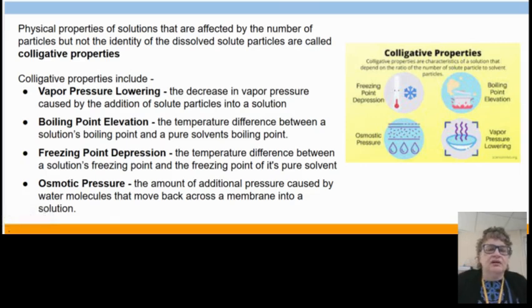That's the temperature difference between a solution's freezing point and the freezing point of the pure solid. And the last one is osmotic pressure. That is the amount of additional pressure caused by water molecules that move back across a membrane into a solution. We're not going to talk about this one really, other than just defining it.